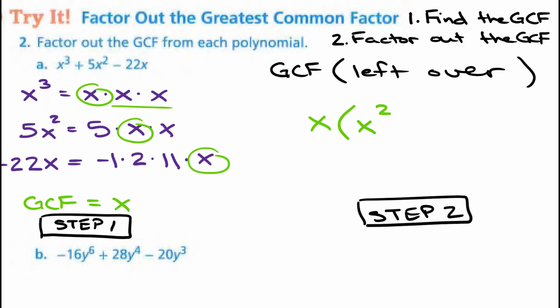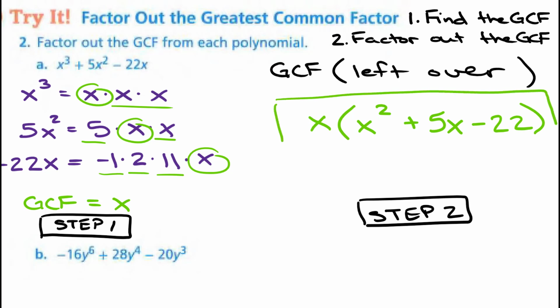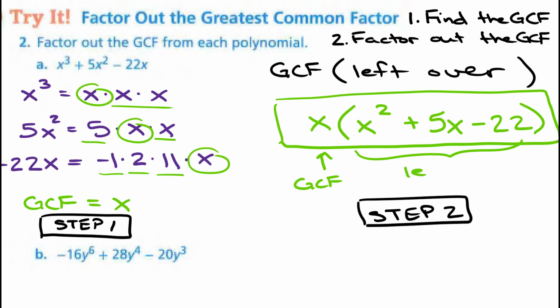In the next term, I have a 5 and an x, and we were adding, so this is positive, so I have a plus 5x. And then last, negative 1 times 2 times 11, that's my negative 22, so minus 22. This is a factored out GCF. You have your GCF, and then this is what's left over.